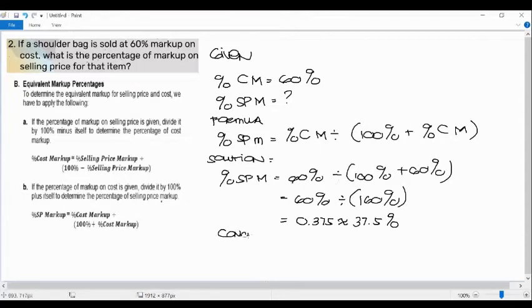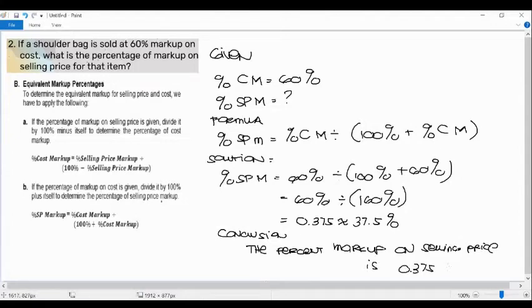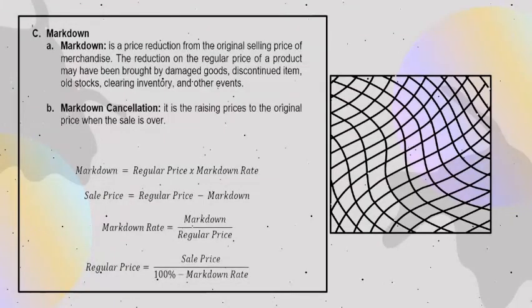So your conclusion, the percent markup on selling price is 0.375 or 37.5%. We already understand the concept of markup and margin, and now let's proceed to markdown.